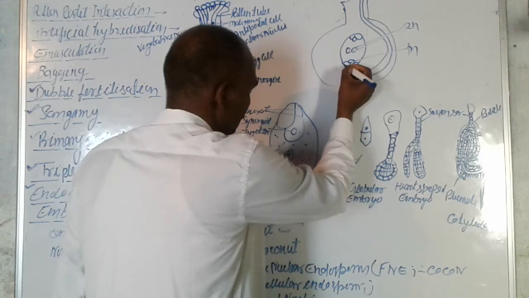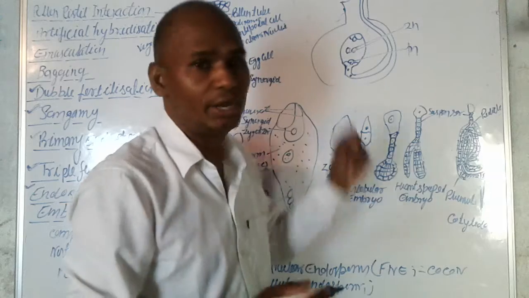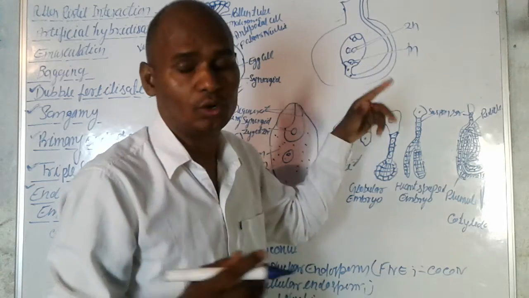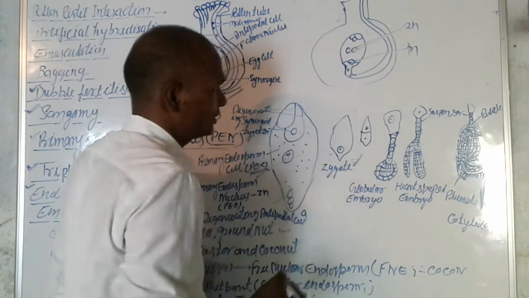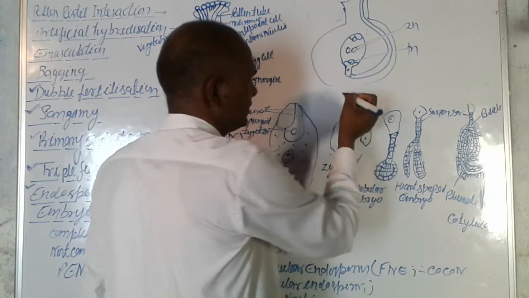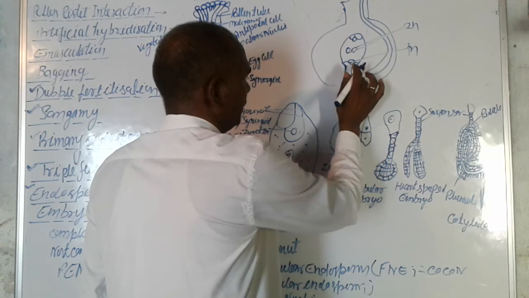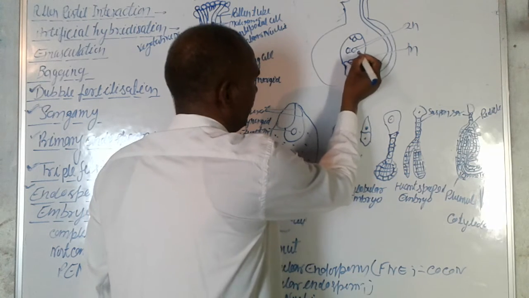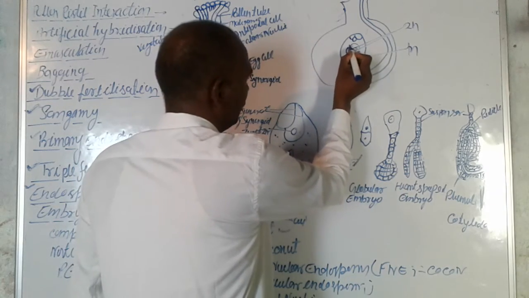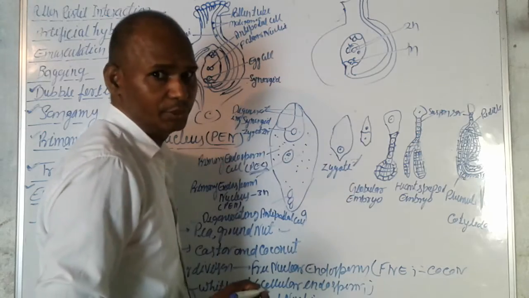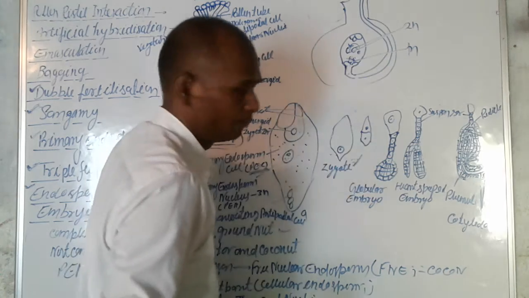When the male gametes enter the embryonic sac, they are released. One male gamete enters and fuses with the polar nuclei, and the other male gamete fuses with the egg cell.